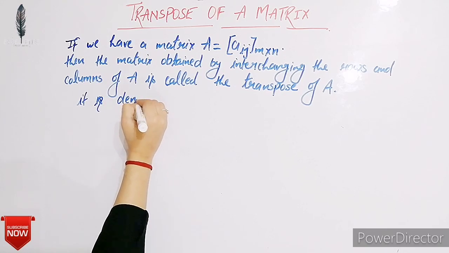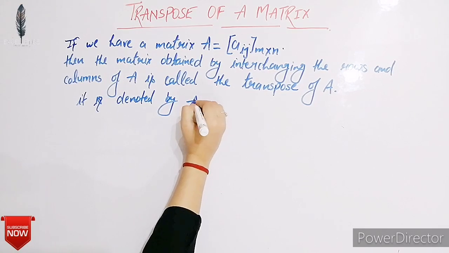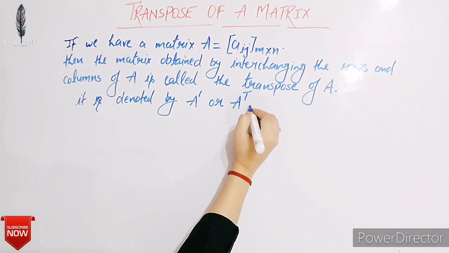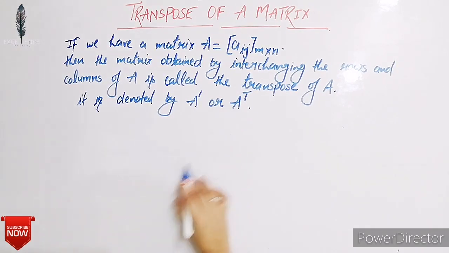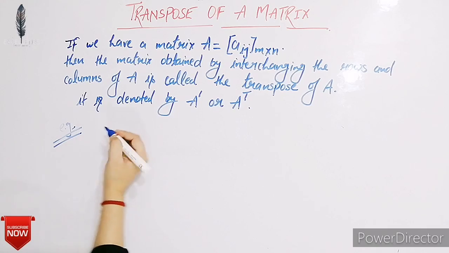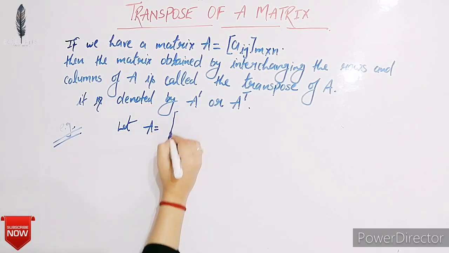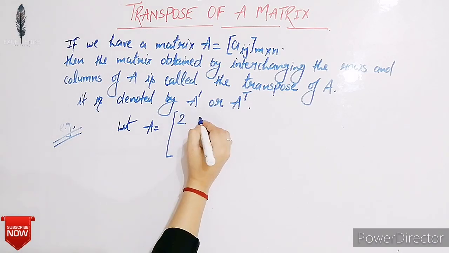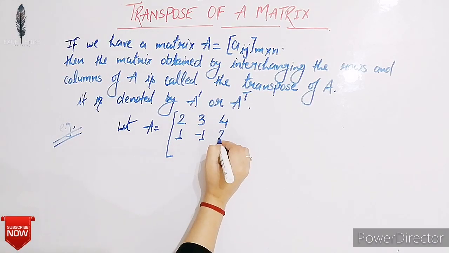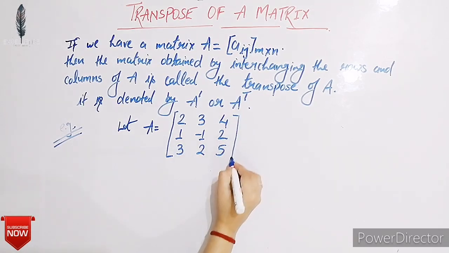It is denoted by A dash or A T, transpose of A. For example, let's see, we have a matrix A equals 2, 3, 4, 1, minus 1, 2, 3, 2, 5.